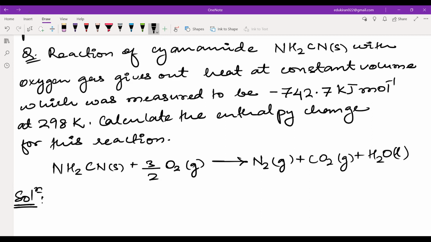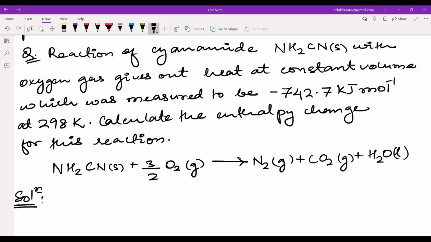Yes, tell me. Delta U is equal to delta H. Delta U is equal to delta H. Muhammad? Yes, sir. What are you saying? Delta U is equal to delta H. Why are you saying that?